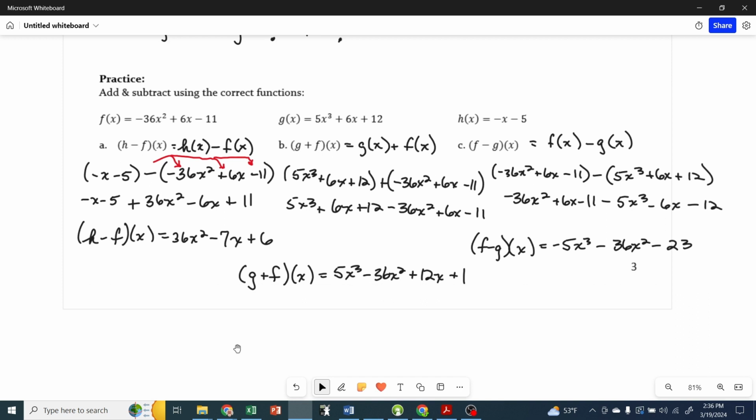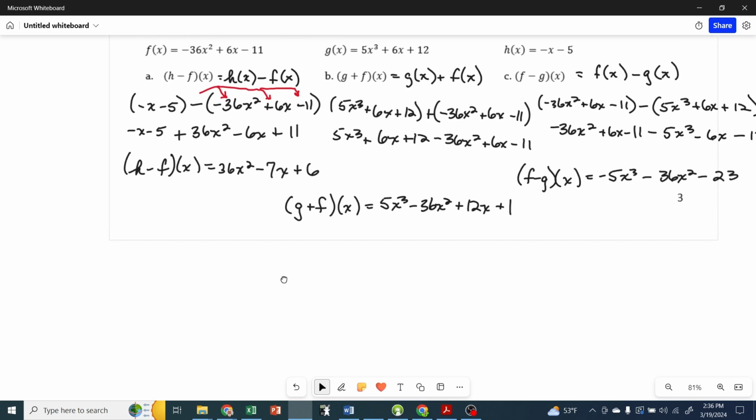So we got a little bit of writing there, and the more of these problems that we do, the more writing we're actually going to be seeing. A lot more writing.